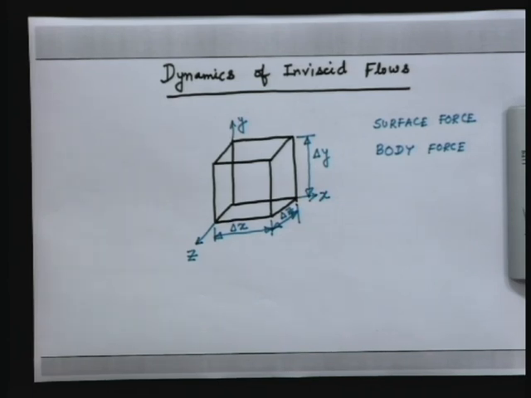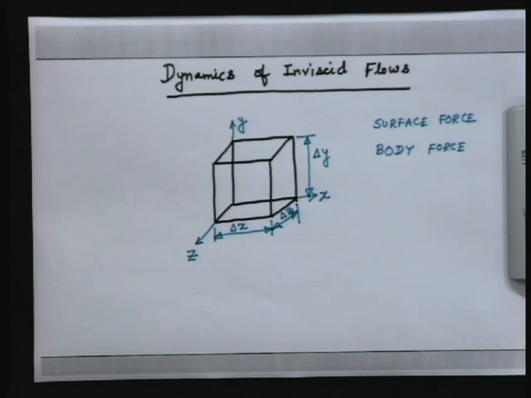So, when viscous effects are not present, you will have only the normal component. We will show later on that there can be a normal component of stress due to viscous effects as well; it is not that due to viscous effects only the tangential component of stress can be there.